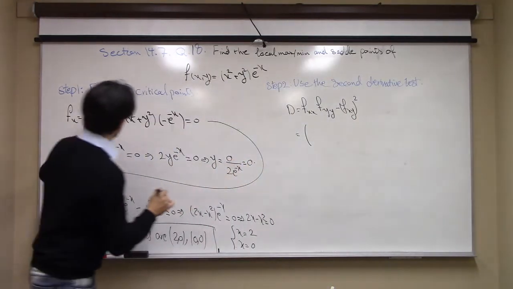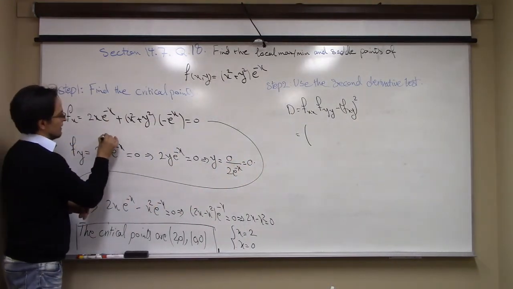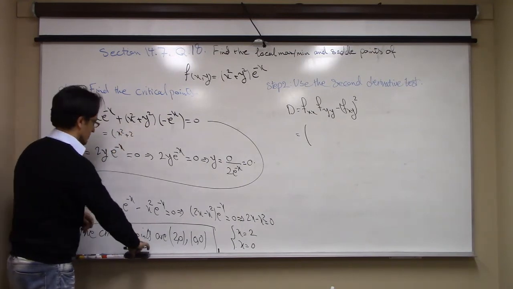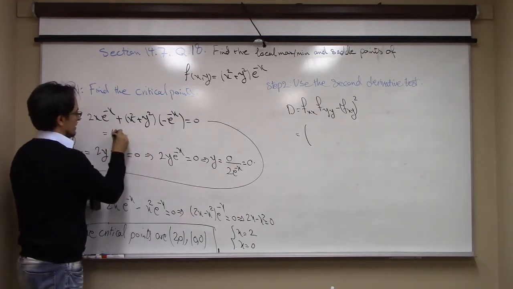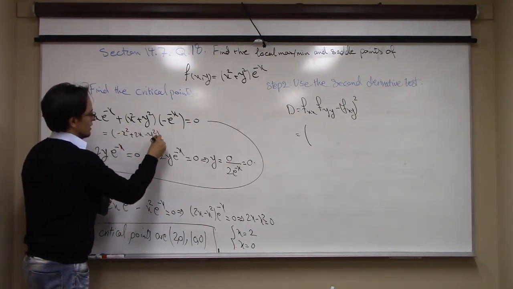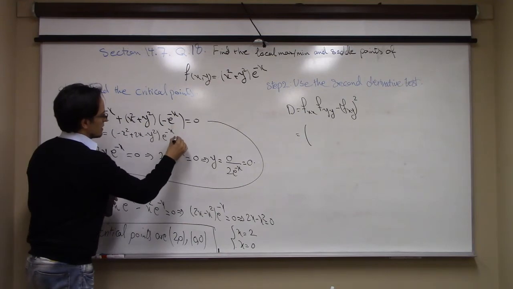I can simplify this first and then use that fact. So fx is (x squared plus 2x minus y squared) e to the minus x.